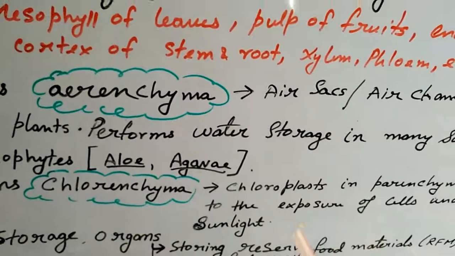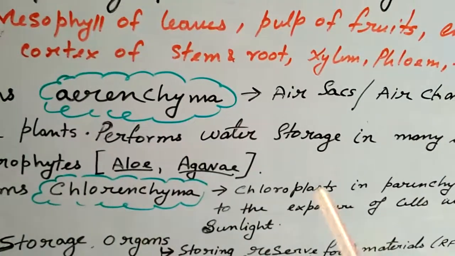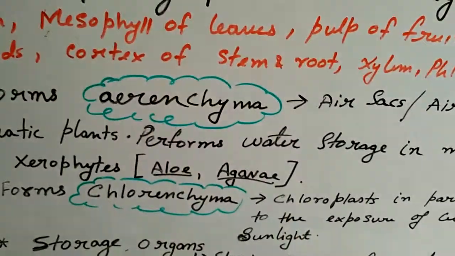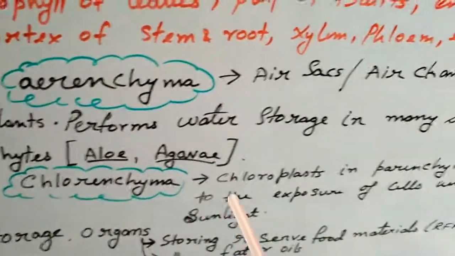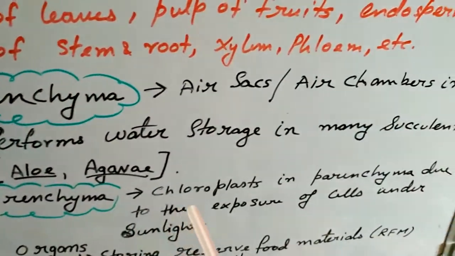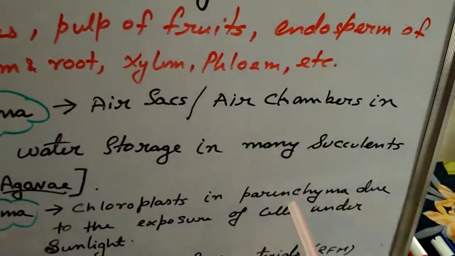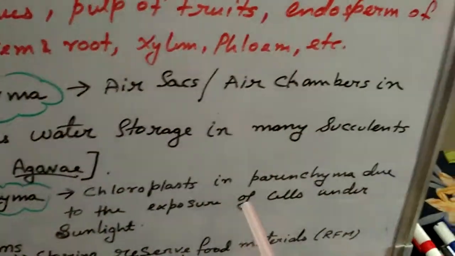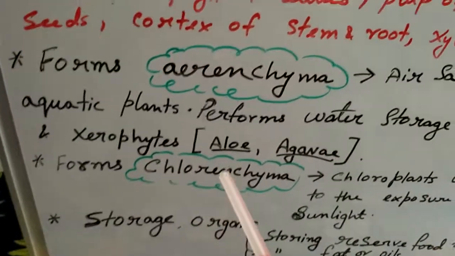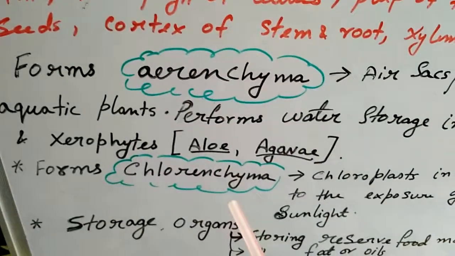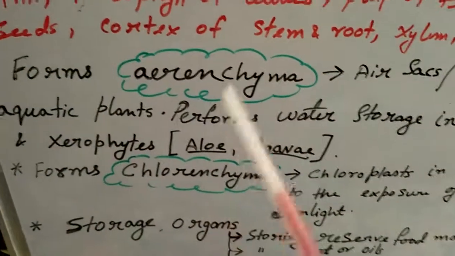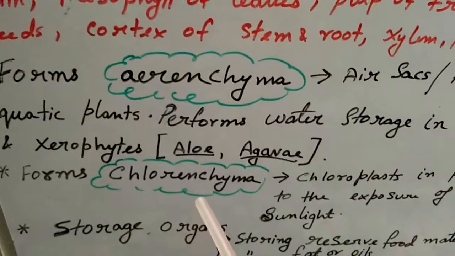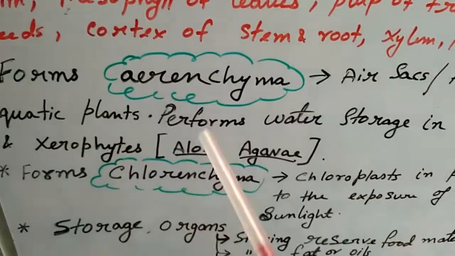That's a very gradual process, and eventually that particular parenchyma tissue will convert into chlorenchyma. So chlorenchyma has chloroplast in parenchyma due to the exposure of cells under sunlight. Therefore chlorenchyma performs photosynthesis. So aerenchyma and chlorenchyma, these are two main important derivatives of parenchyma tissue.